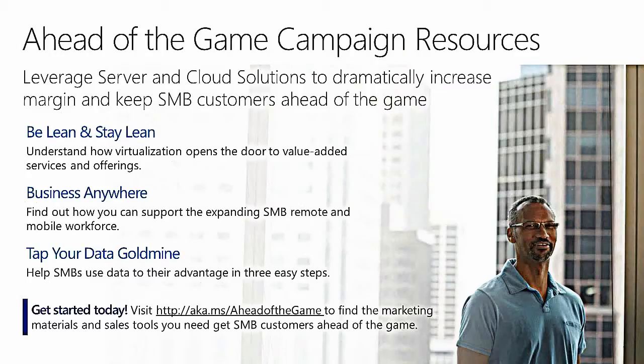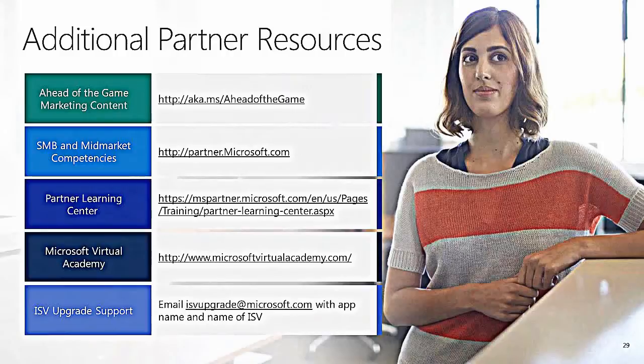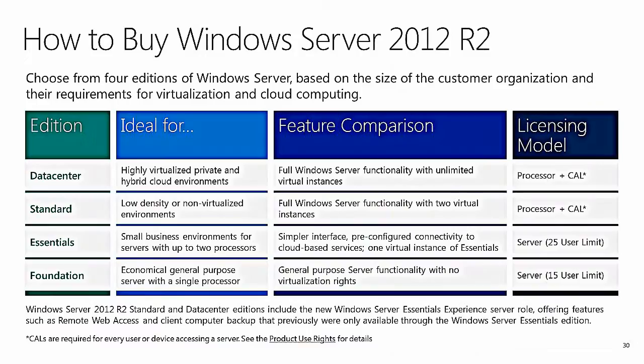I also wanted to make you aware of some of our partner resources for the partners who are watching. We have a great campaign, the Ahead of the Game campaign, with a number of different resources you can use to help inform your customers. We have a number of other partner resources included as reference in the deck today, and also information about how to buy Windows Server 2012 R2.